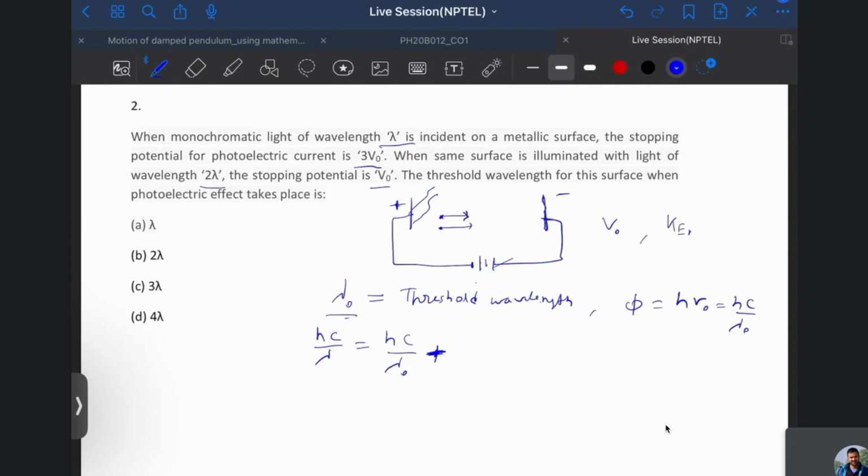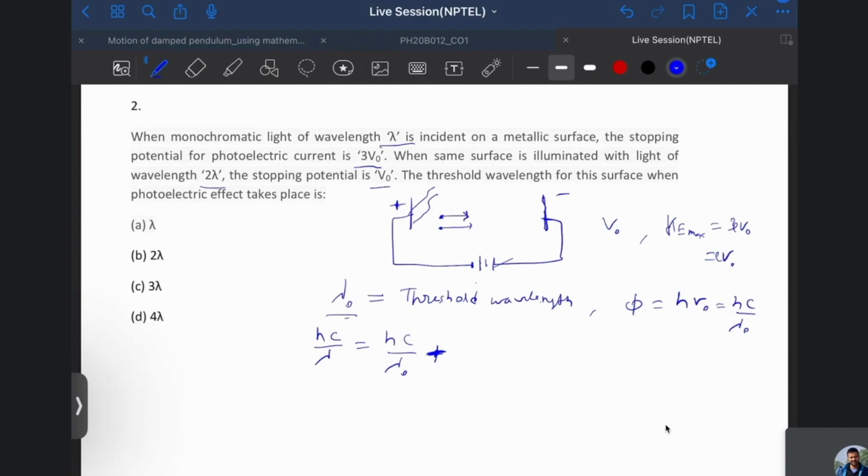So KE max will be 3V naught in case of lambda, and V naught in the other case, because kinetic energy has the unit electron volt, so we have to multiply by e.